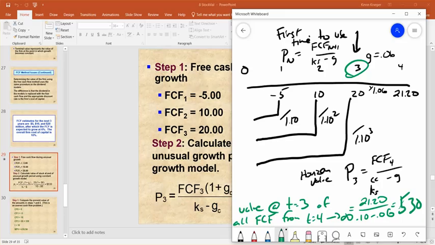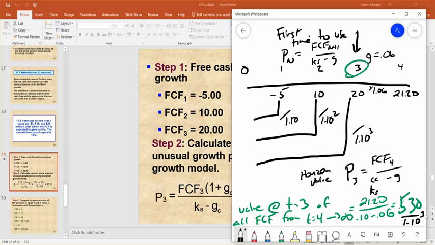That's a lot. That's everything past year 3, time 4 all the way through infinity. Those cash flows are worth 530, but they're worth 530 at time 3. So when it comes time to getting the final answer, you need to discount that back 3 periods.